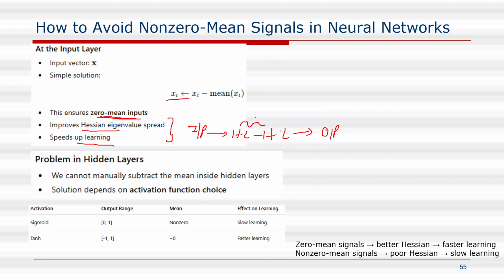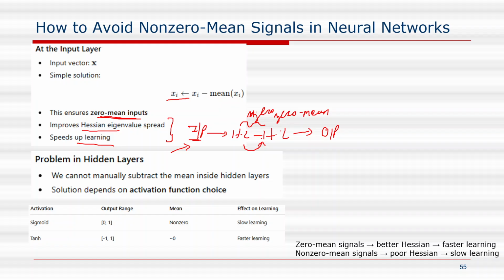Here we should also get zero mean inputs, because the output of one hidden layer is propagated as an input to the other hidden layer. Now how do we make this a zero mean input signal? We cannot manually subtract the mean inside the hidden layer, because this is not in our control. The input layer input is coming from the training set, but here internal calculations are happening.